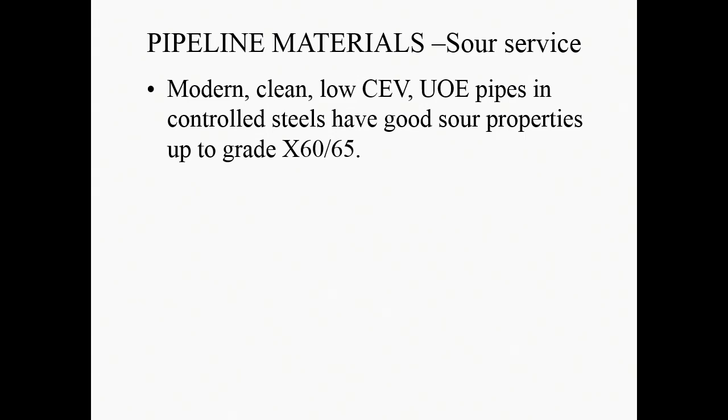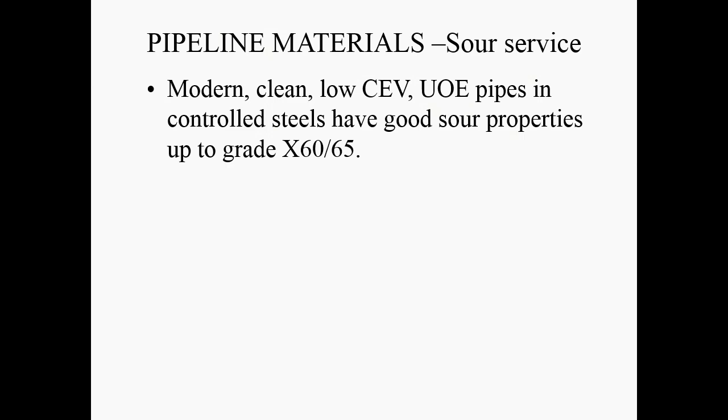So we have these modern clean steels with low carbon equivalent, and in UOE pipes, which we'll talk about later on the manufacturing route, up to grades X60, X65, that's probably good enough. So with a corrosion allowance and slightly extra thickness therefore, and a good quality steel and a well-controlled welding process, you probably don't have too much of an issue.